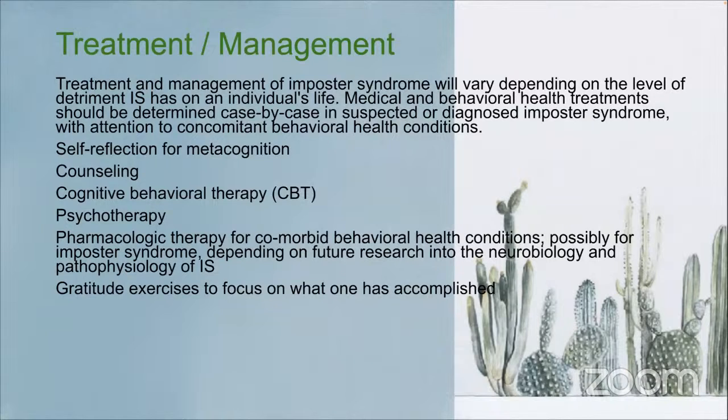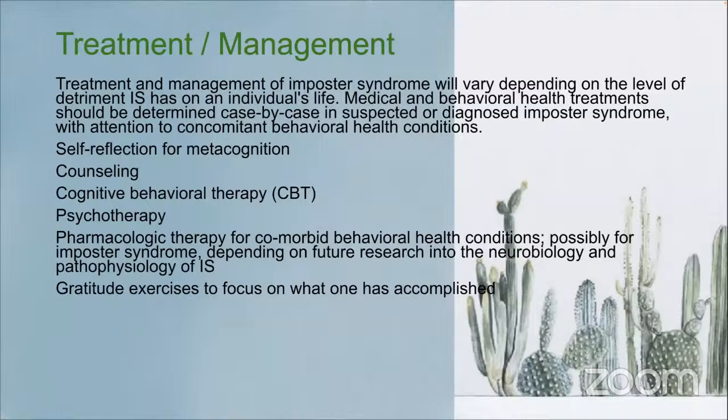Of course, counseling would help, specifically cognitive behavioral therapy, CBT, and other forms of psychotherapy. Lastly, pharmacological treatment for coexisting mental health conditions is also a part of the holistic approach for the treatment of the disorder.